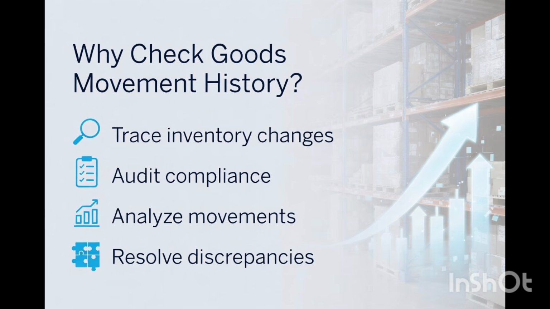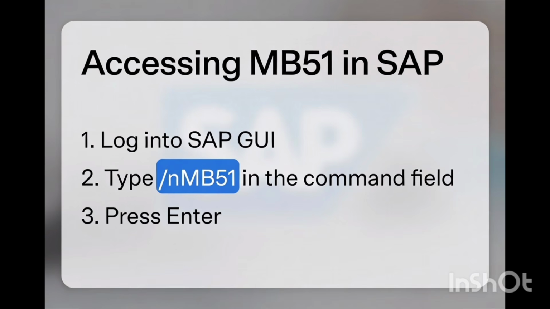Third, you can analyze movement patterns to improve inventory planning. And most importantly, it helps you quickly resolve discrepancies between physical stock and system stock. So in short, MB51 is your go-to tool whenever you need to investigate what happened to this material or list of materials.